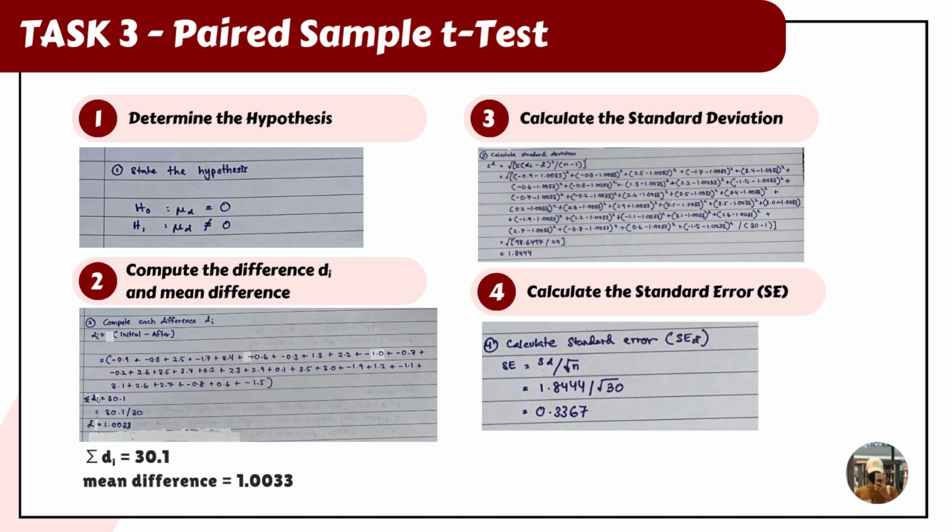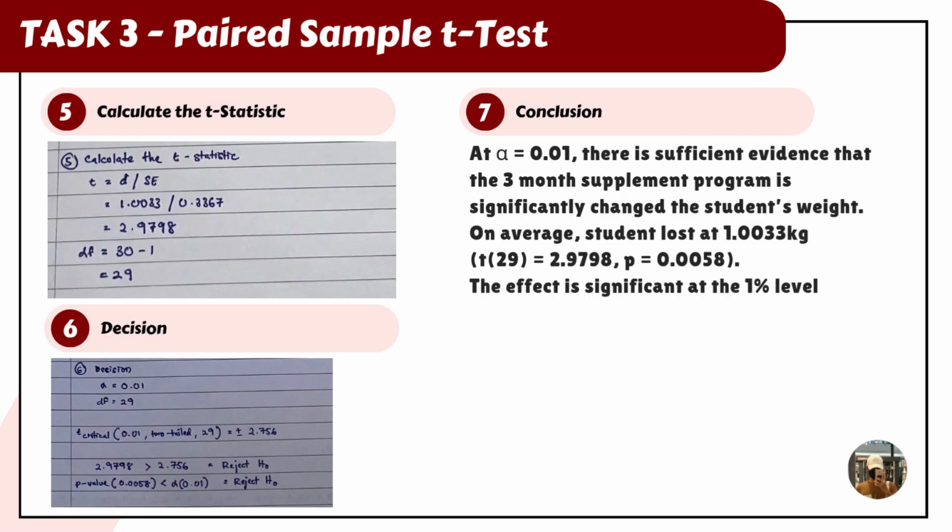Next is to calculate the t statistic. The t statistic is 1.0033 divided by 0.3367, and the answer is 2.9798, and the df is 30 minus 1, and the answer is 29.